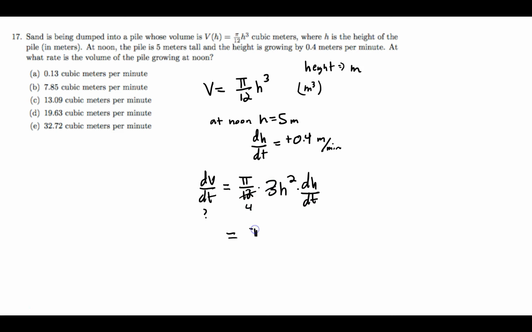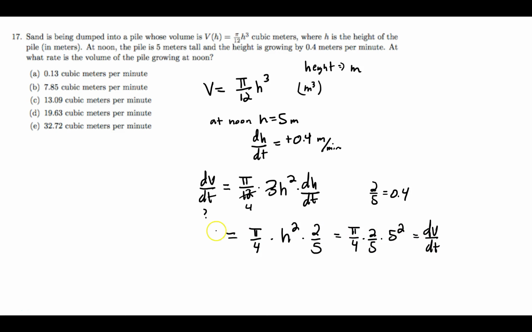So we have pi over 4 times h squared times dh/dt, which is 0.4. I want to use the fraction version, 2/5. But h is 5. So we have pi over 4, 2 over 5, and then 5 squared. That's what dV/dt is.